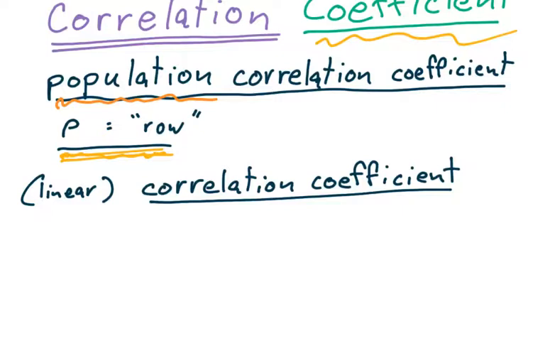Instead of the population correlation coefficient, what we will actually calculate is the linear correlation coefficient. We just call it the correlation coefficient. In this case, we're going to be computing it every time using the data from our sample.